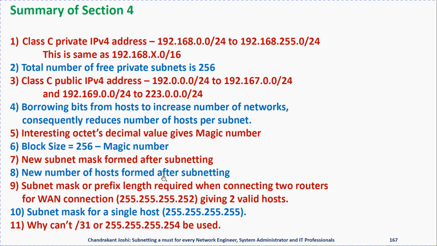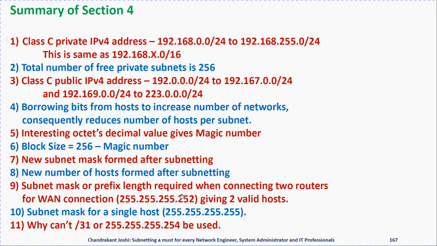New number of hosts formed after subnetting. So when we do subnetting, we borrow bits from the host. So network bits increases, host bits decreases. So as the host bits decreases, number of hosts also decreases.